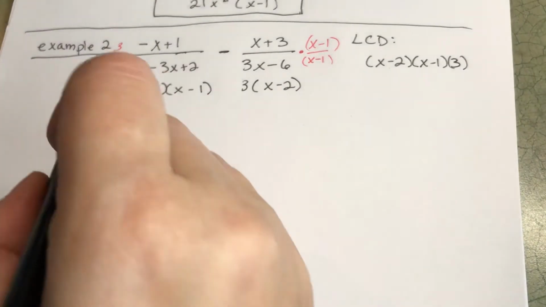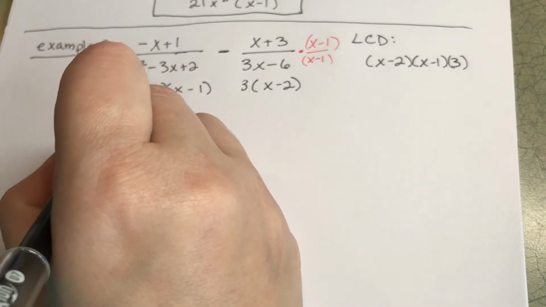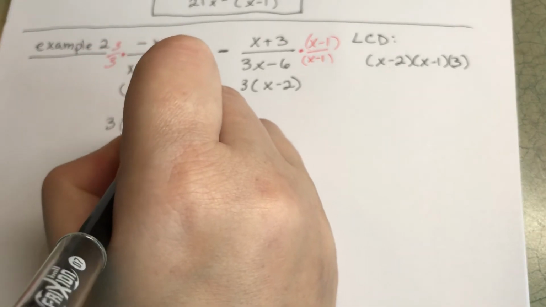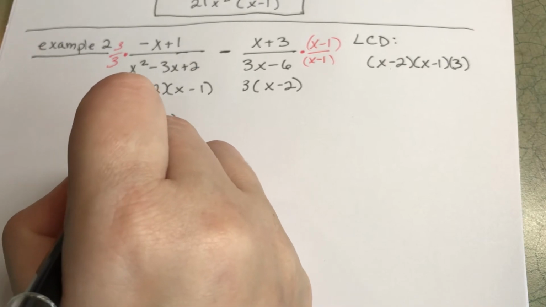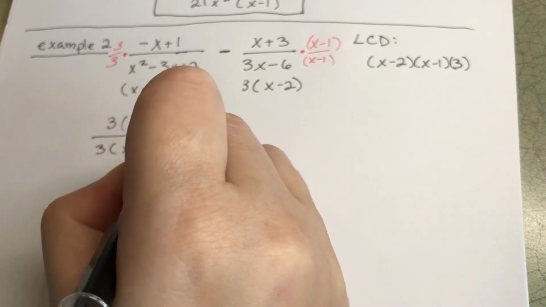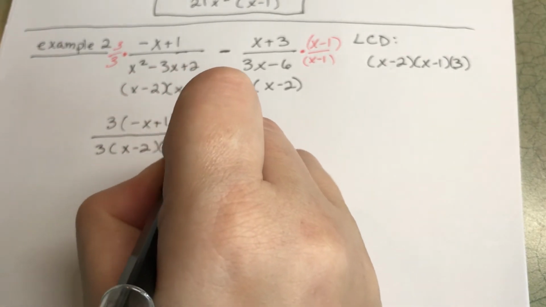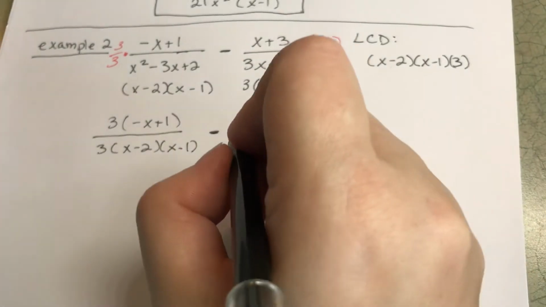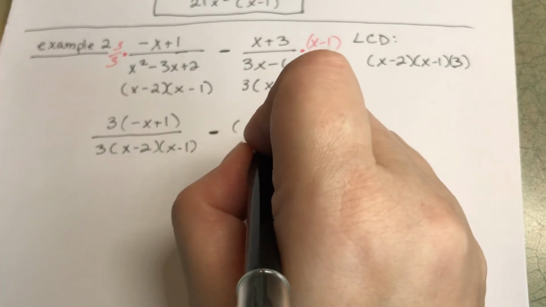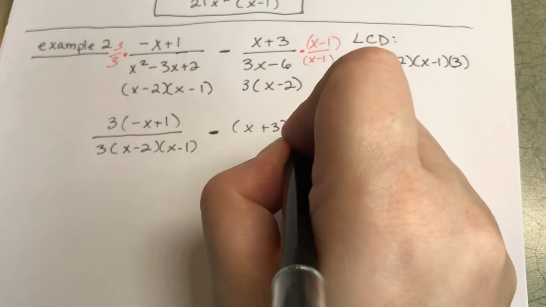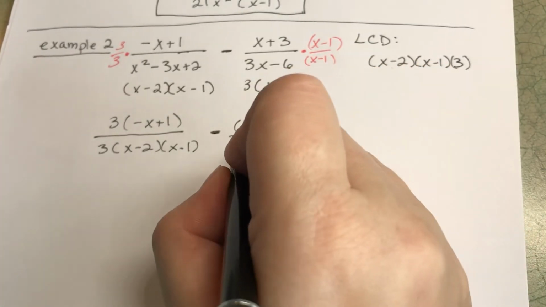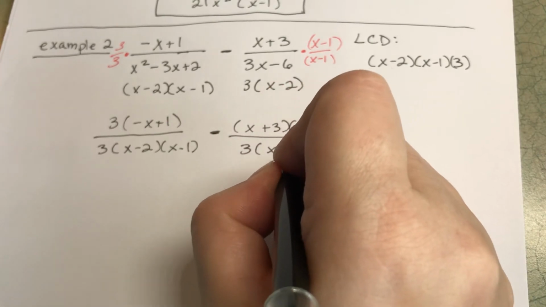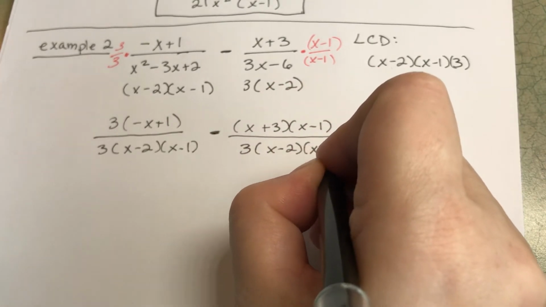So now I have 3 times negative x plus 1 over 3 times x minus 2 times x minus 1, minus x plus 3 times x minus 1 over 3 times x minus 2 times x minus 1.